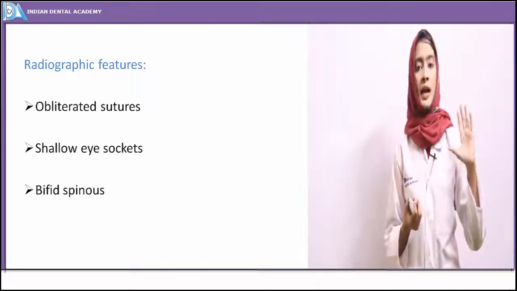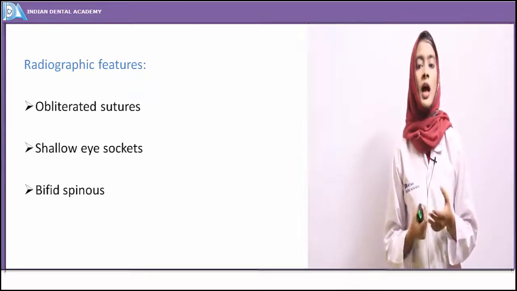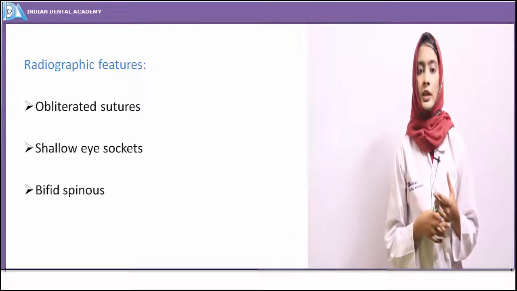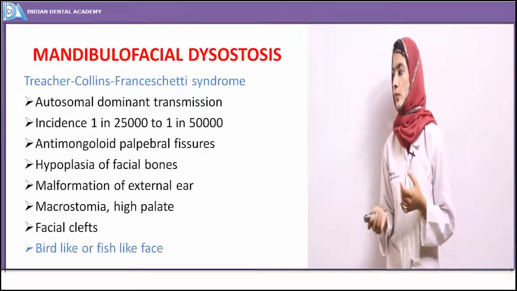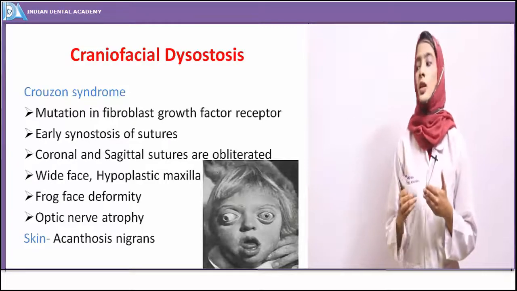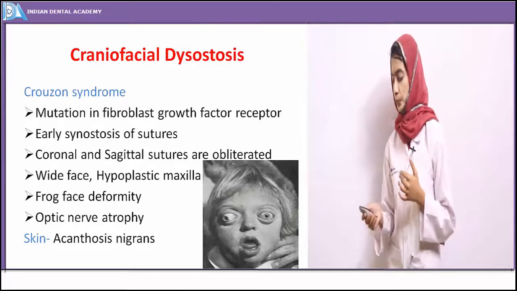Along with that, the spine is also affected. Presence of a bifid spine is sometimes noted, and the maxilla appears retruded because of its hypoplastic nature. So all these features denote Crouzon syndrome, a craniofacial dysostosis syndrome.